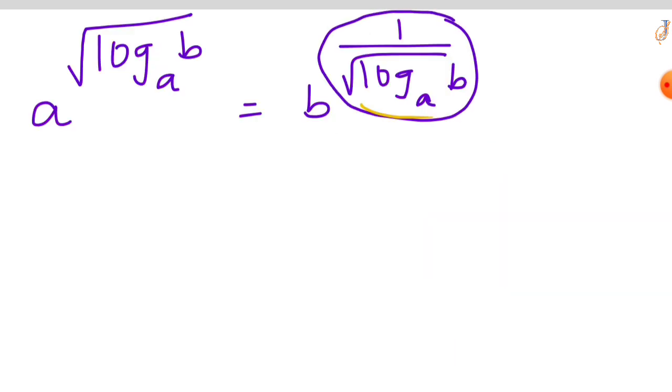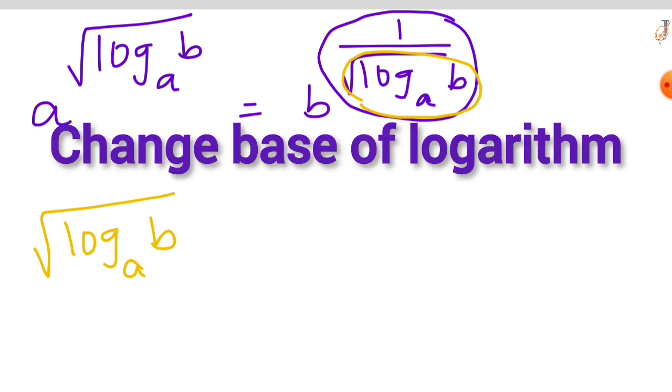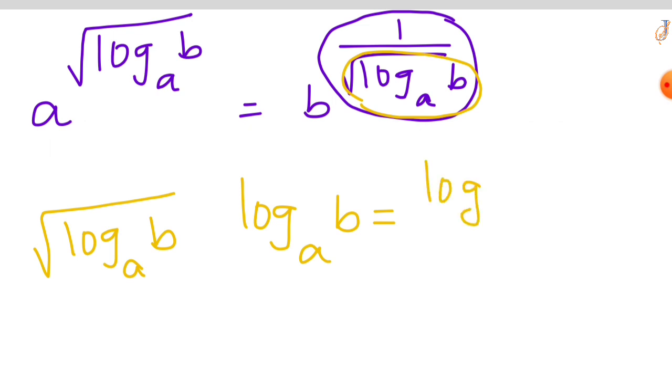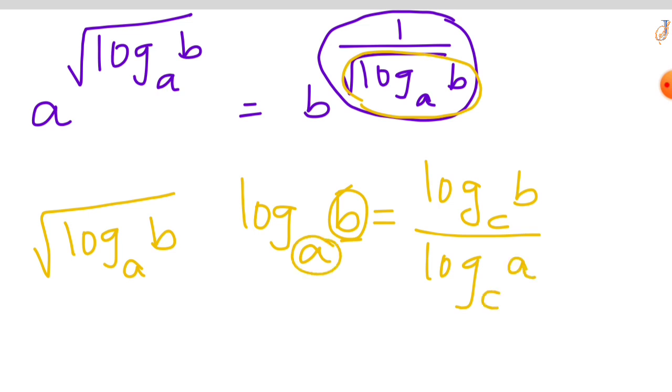Now observe the denominator term, that is square root of log base a of b. Now use the base property of logarithm, which states that log base a of b we can write as log b with a different base upon log a with a different base.